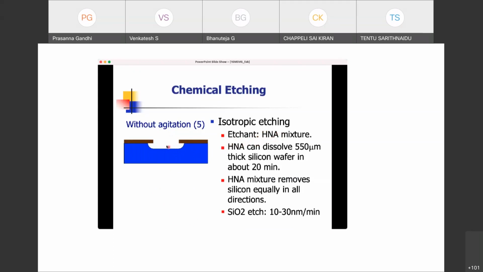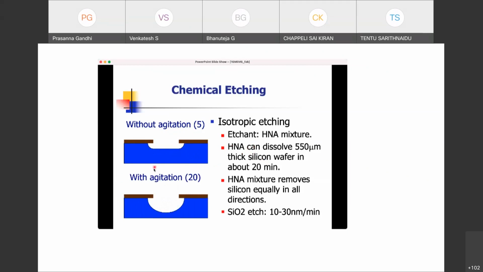So if you want to create some kind of a micro channel in a silicon wafer, this is a way to create that. And then there are different rates of dissolution with agitation and without agitation. Without agitation for 5 minutes, it will just happen like that. Then if you do it with agitation, you'll create a really big cavity here.